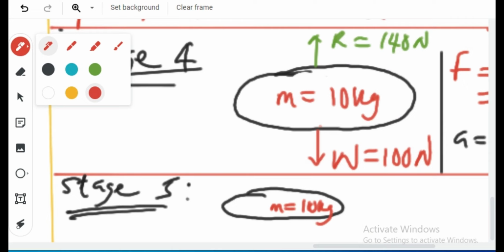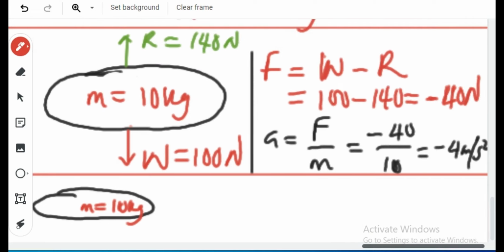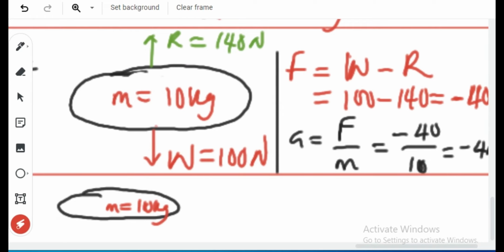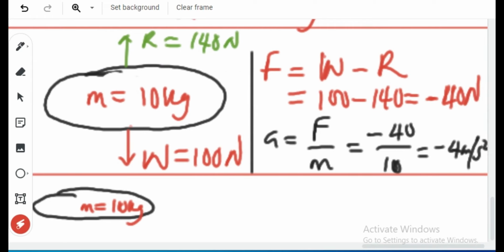You told me the air resistance will decrease. By the way, why did you say the air resistance will decrease? Because speed is decelerating. Speed is reducing, so air resistance will also reduce.